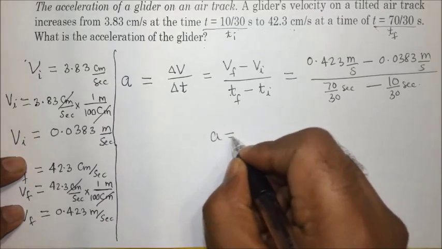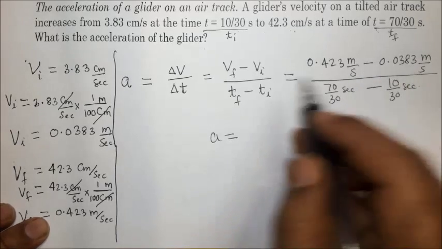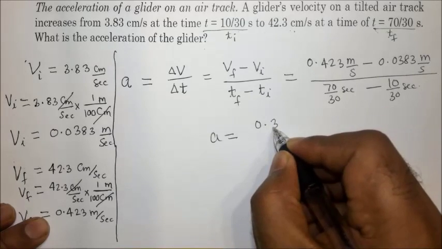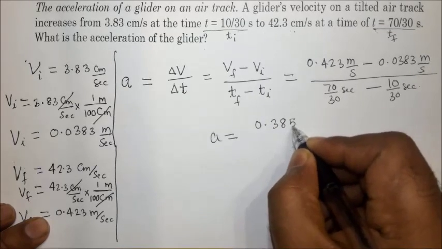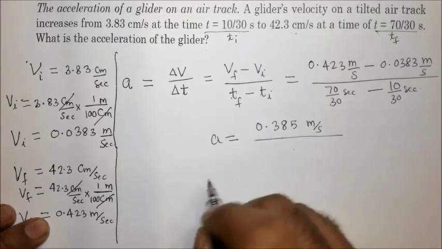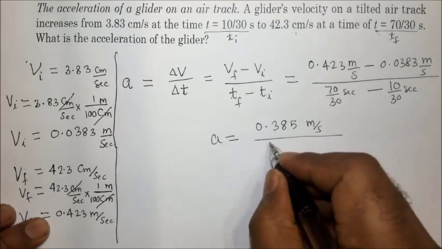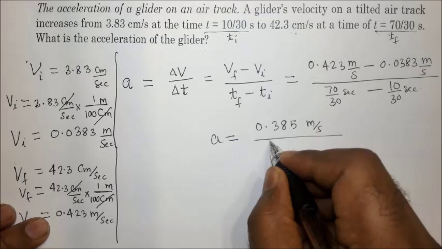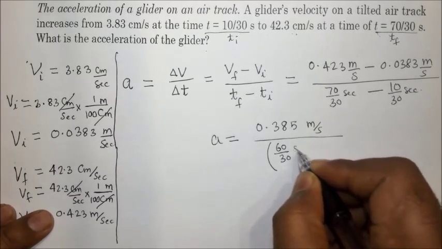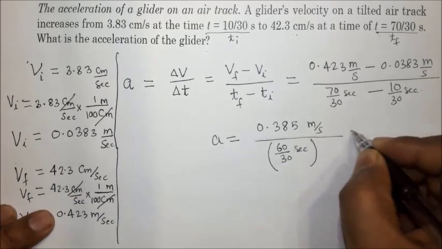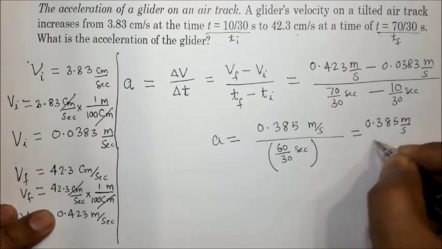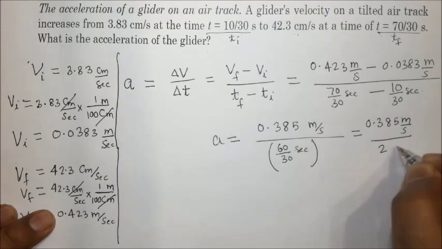So A becomes, if you take the difference, 0.385 meter per second over 60 over 30 second, so 0.385 meter per second over 2 seconds.